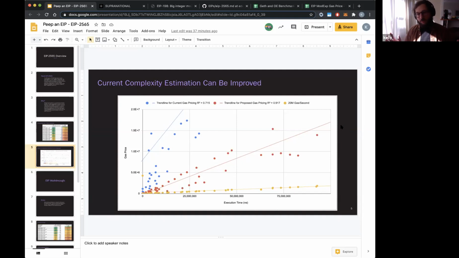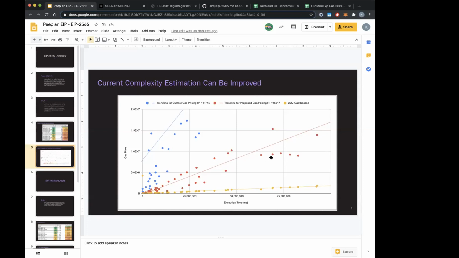Someone could submit a whole bunch of these transactions that are all underpriced, and it takes someone an hour to validate it. So this trend line gets us the formula that's right. And then what we're going to do with this G-quad divisor is move it down a little bit to make sure that everything is either priced accurately or overpriced, but just less overpriced than it would have been, basically.